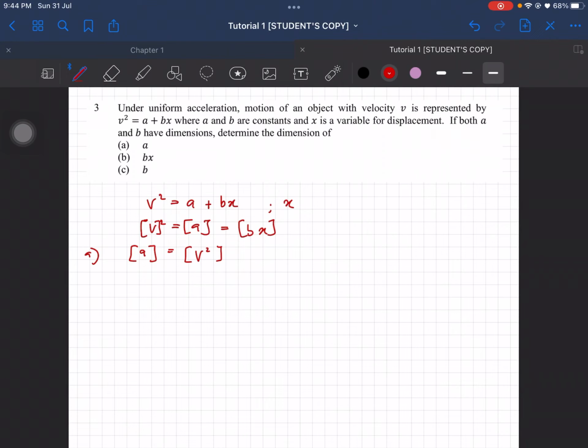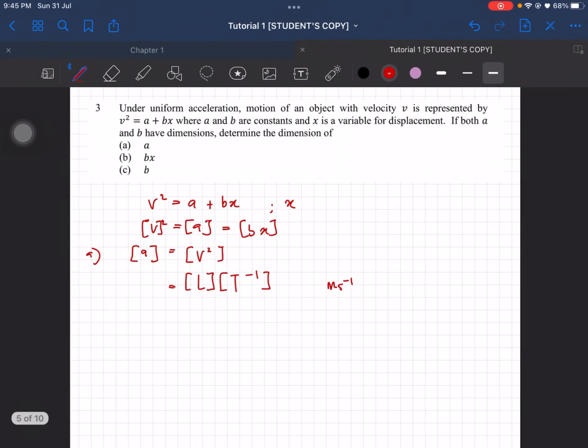So now velocity is equal to distance over time, which can be written as L t negative 2, wait, it's negative 1, sorry, meter per second, right? So it's negative 1.